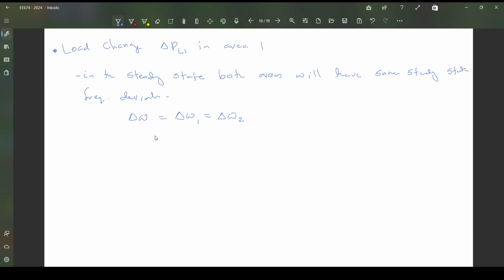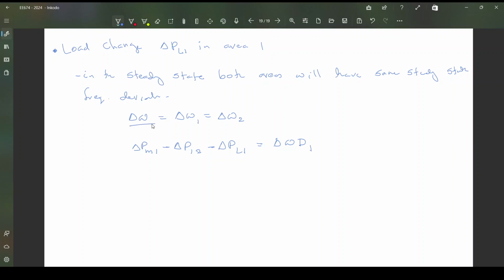Now from our load equation, we can say that delta Pm1 minus delta P12 minus delta PL1, even from the block diagram you can see, is equal to delta omega T1, right?